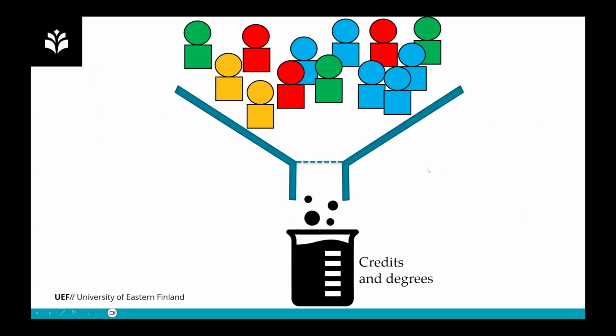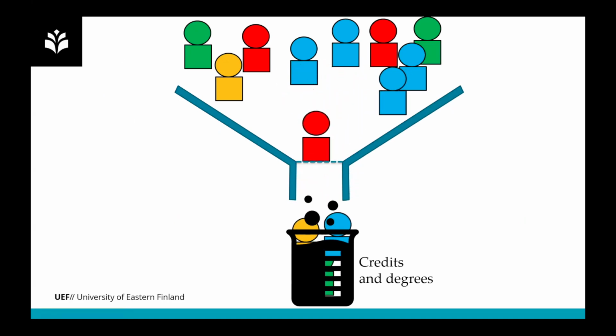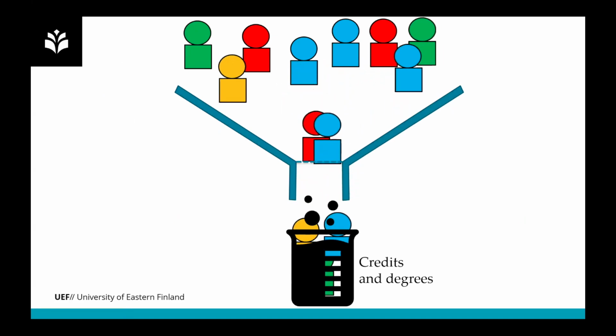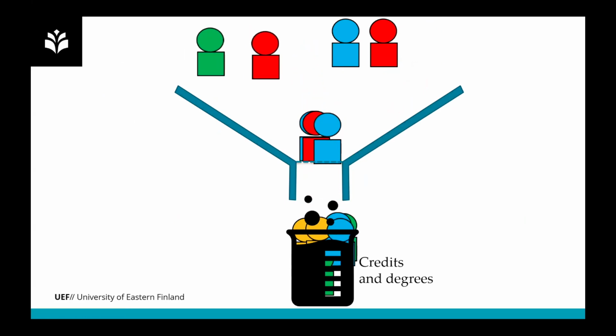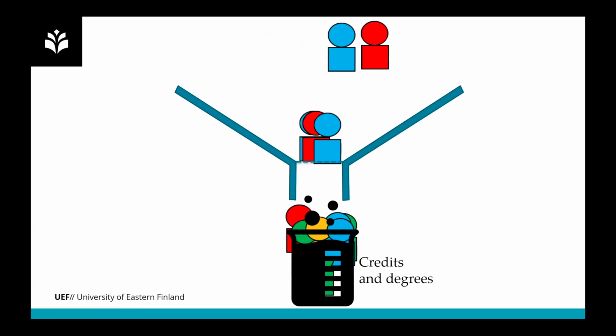students get through and pass the course, because it's a kind of beaker: we get the credits and degrees, but there are filters where some students are stuck and failing the courses.